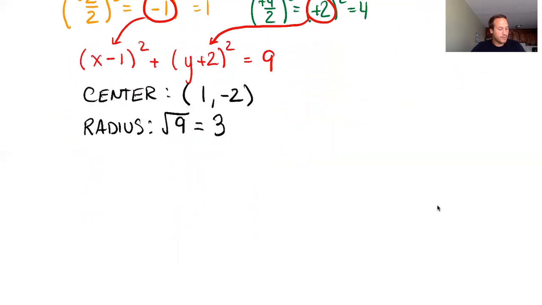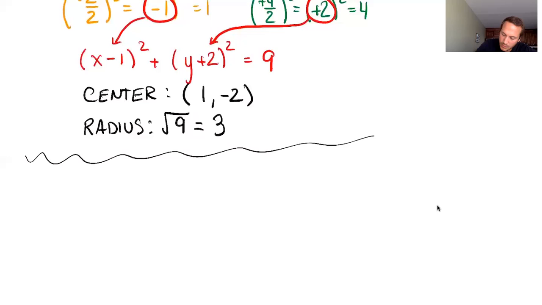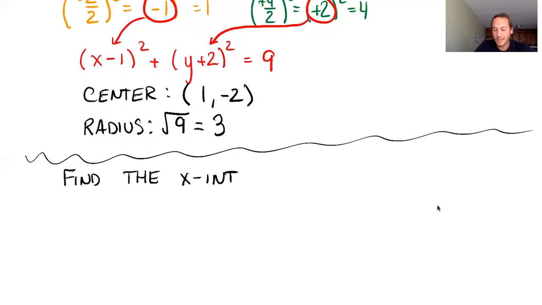Next up, finding the x and y intercepts is going to be a little bit of new material for us, okay? So let's find the x-intercepts first. Now, keep in mind, what is an x-intercept? We're going to set y equal to 0. That's all we do.